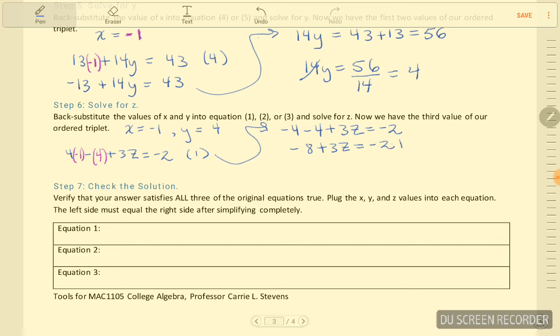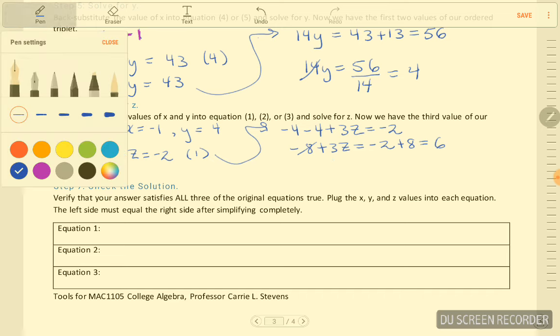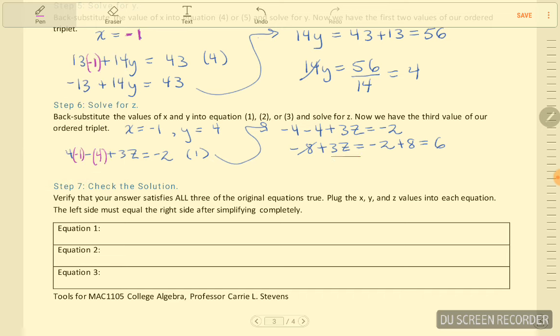Add 8 to both sides, and that gives me 6. Then I'm going to divide by 3 there, right here. So I get z equals +2.